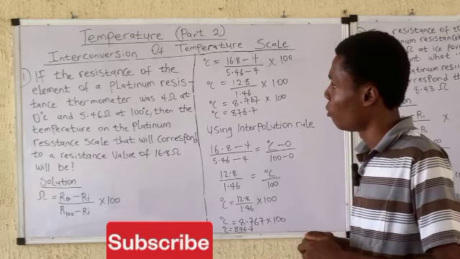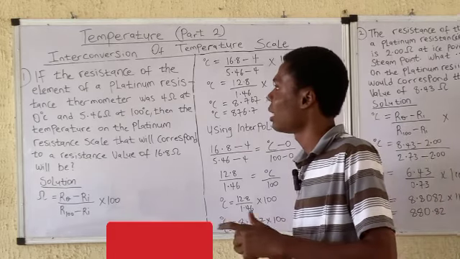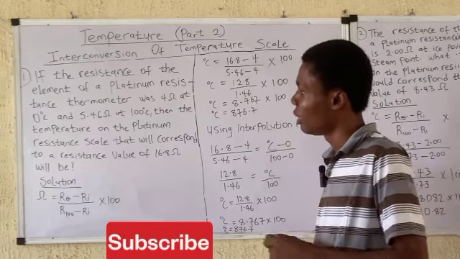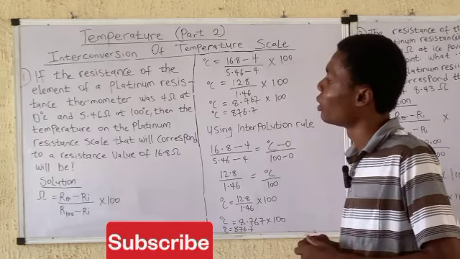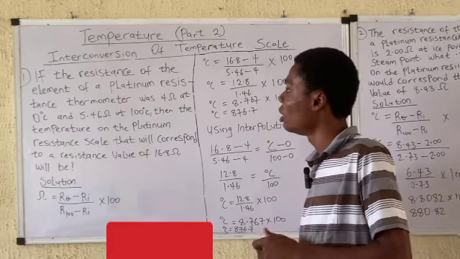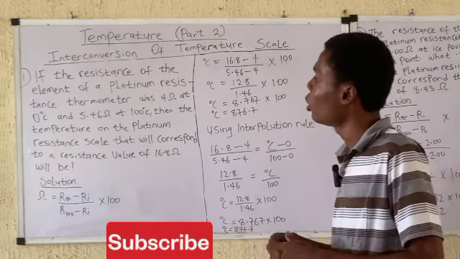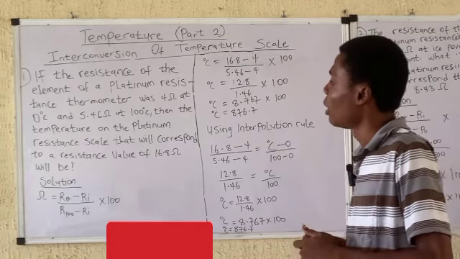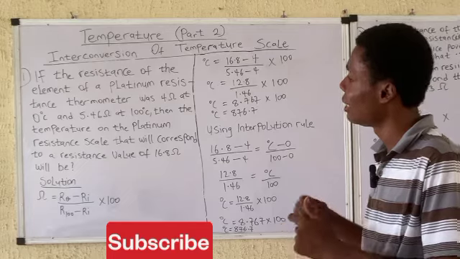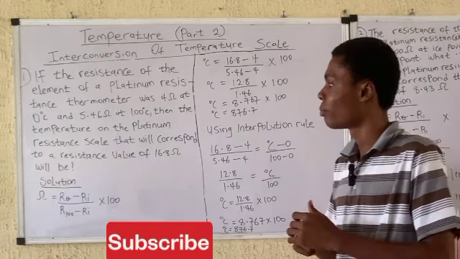If the resistance of the element of a platinum resistance thermometer was 4 ohms at 0 degrees Celsius and 5.46 ohms at 100 degrees Celsius, then the temperature of the platinum resistance scale that will correspond to a resistance value of 16.8 ohms will be.